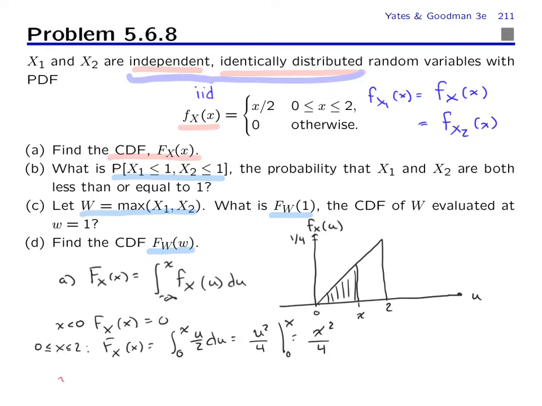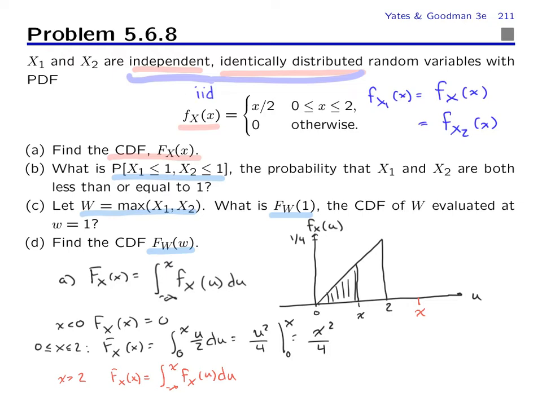And finally, for x greater than 2, the CDF of x is the integral from minus infinity to x of fx of u du. I've switched to red because an x that's greater than 2 we can mark over here in red. In this case, the PDF is 0 for u less than 0, but it's also 0 for u greater than 2.